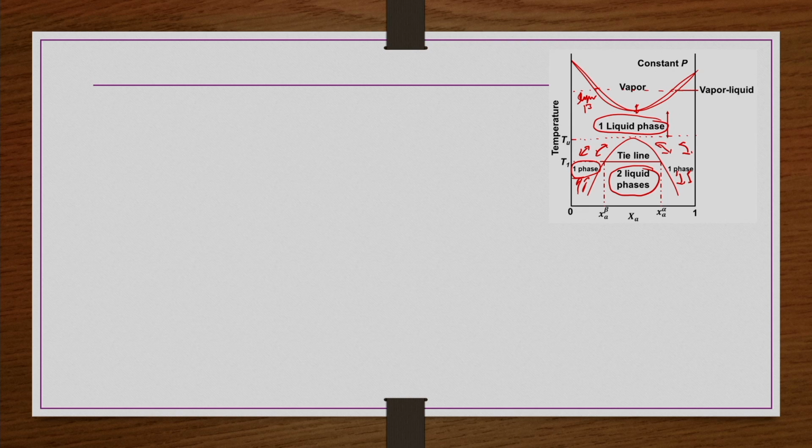Here again you have a vapor liquid equilibrium, but with vapor and alpha liquid. Here, on the left side, vapor and beta liquid would be there. On the right hand side, with larger XA, we have alpha liquid.